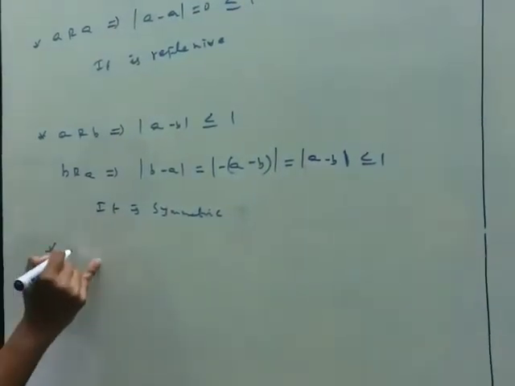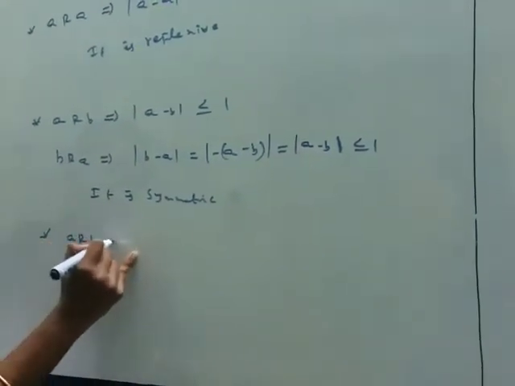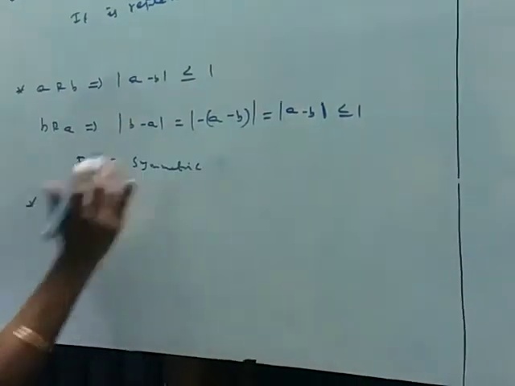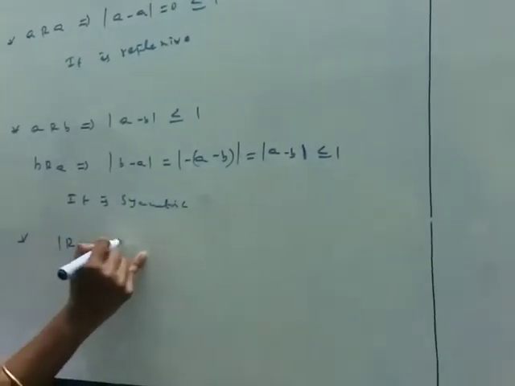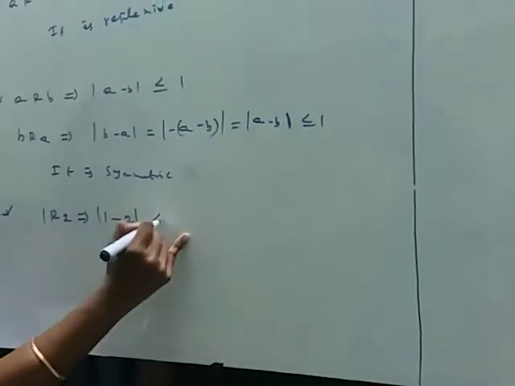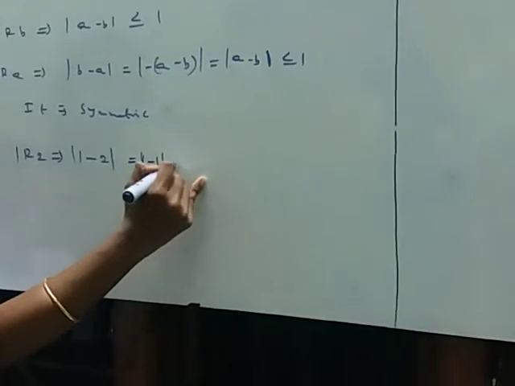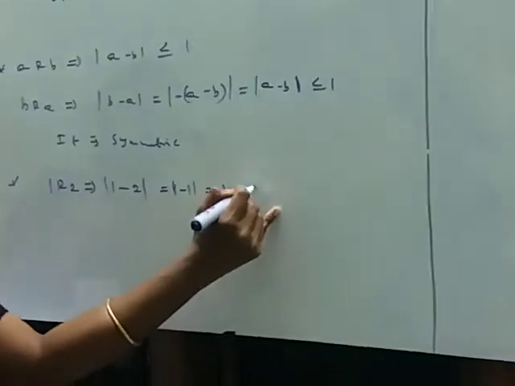How is it not transitive? A related to B implies modulus of A minus B, when you give some numbers. 1 related to 2 implies modulus of 1 minus 2 is equal to modulus of minus 1, that is equal to 1, which is less than or equal to 1.